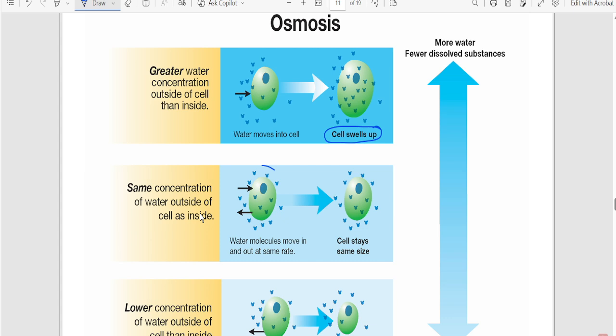So in this case, if some amount of water is going outside of the cell, the same amount would enter. The transport keeps happening in both directions and it maintains the same size because the concentration is the same outside and inside of the cell.